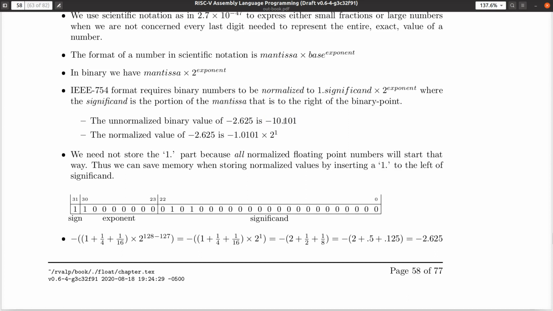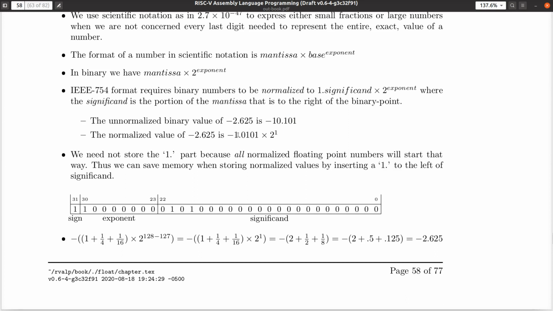And then you have a point, and the 101 over here is a half plus 0 quarters plus 1/8. So that's the way this is 2 5/8. That's what this number here is, negative 2 5/8. So that would be negative, however you're going to represent negative. We'll get into that in a minute. 2 point, whatever it comes out to, 5/8.